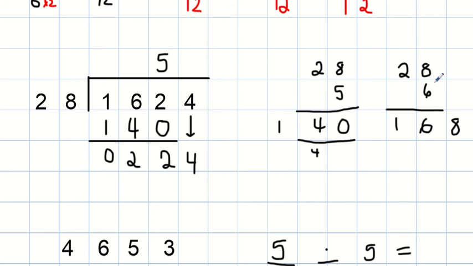Now, I already know 28 multiplied by 6 is 168. 2 lots of 20 is 40. If I was to add 40 onto this number, what would I get? 200 odd. Okay, just roughly, we're doing an estimation.